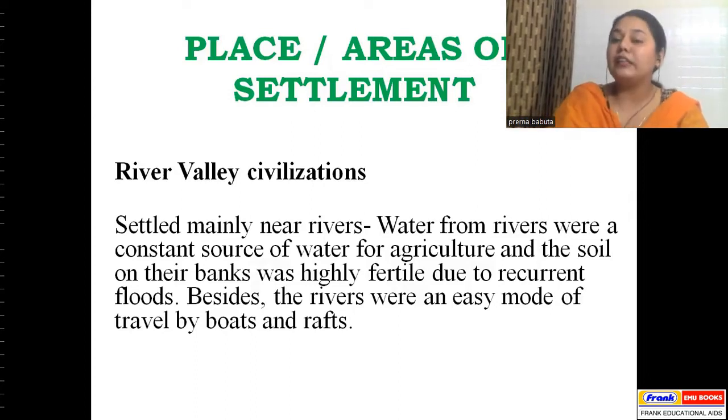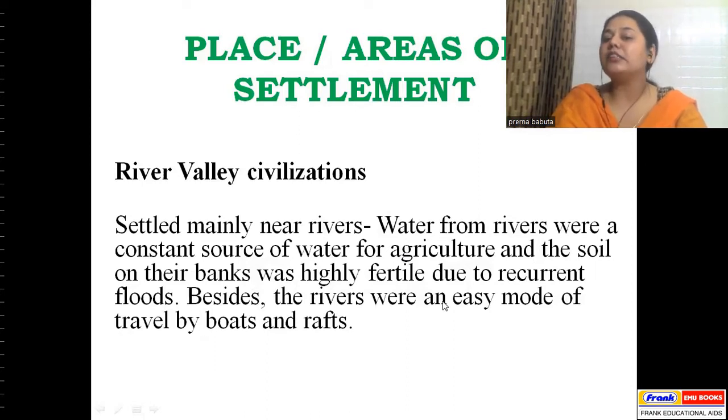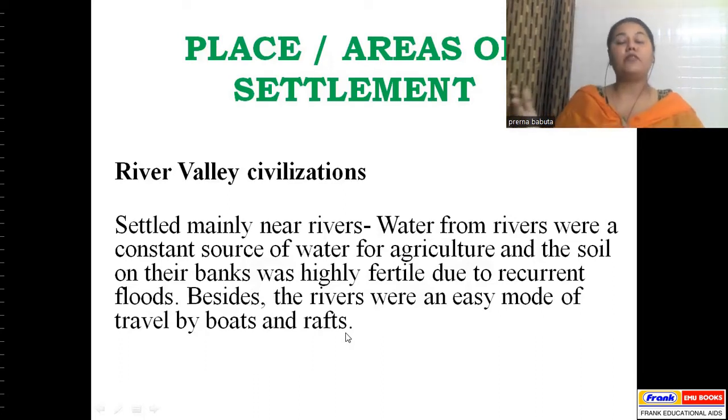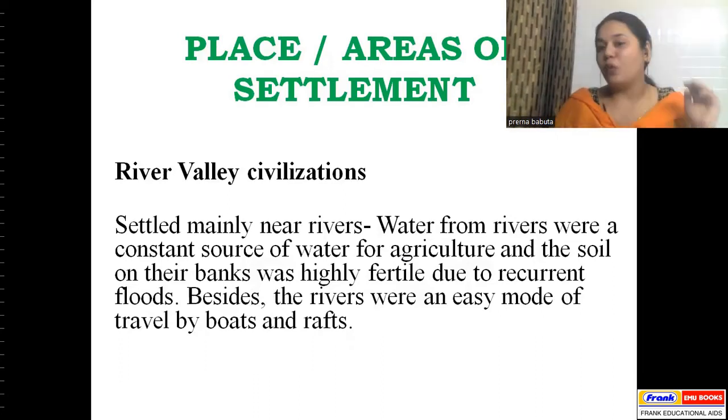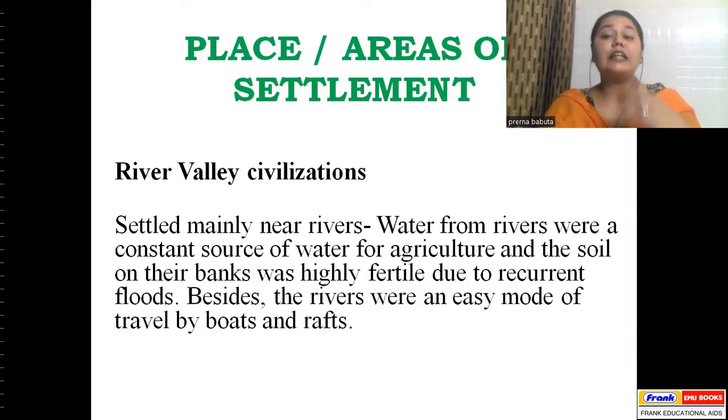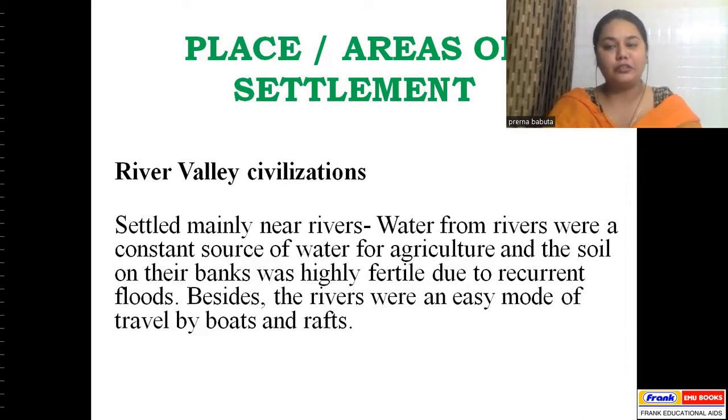So he knew that water from rivers was a constant source of water for agriculture, and the soil on their banks was highly fertile due to recurrent floods. Besides, the rivers were an easy mode of travel by boats and rafts. So if they had to go from one place to another, waterways were used. So that is the reason that river valley civilization was the first of its kind.